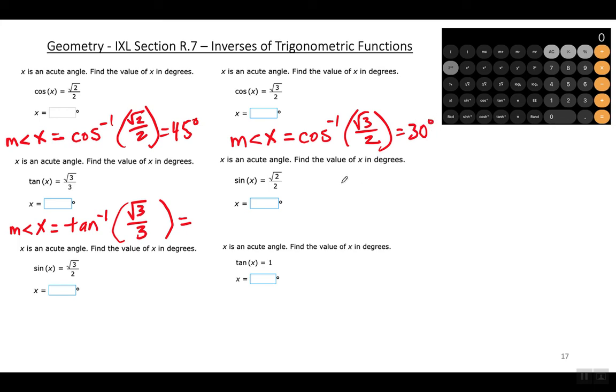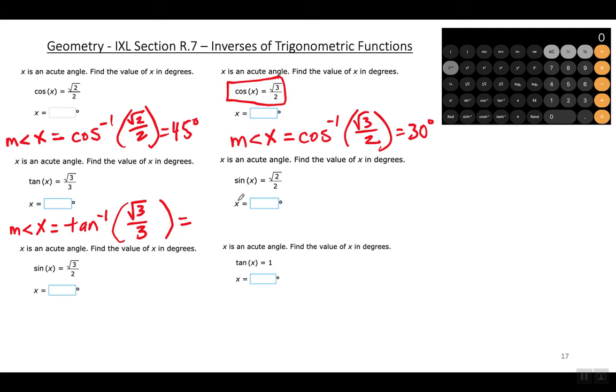The reason they're not writing it like that is because they're telling you, hey, the cosine of x is this, so what must the measure of angle x be? They're writing it correctly. It's just my way is more, I think, helpful for understanding what we're doing and what we're looking for.